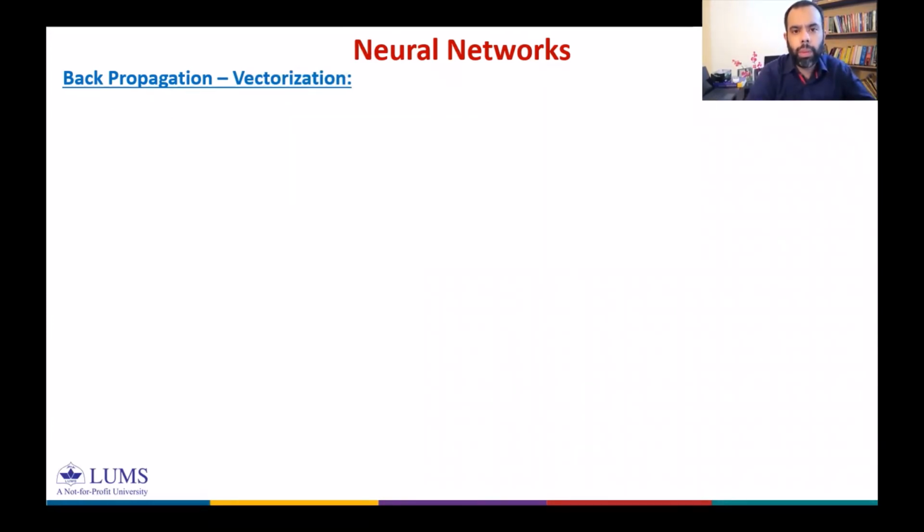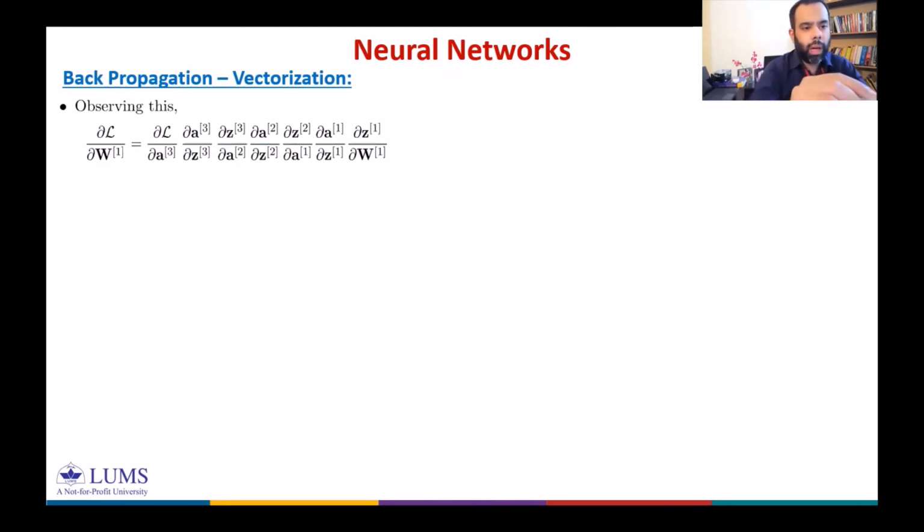In order to compute the partial derivative of the loss function with respect to the pre-activation output of every layer, say for small l, the lth layer, we first observe that I can write the partial derivative of the loss function with respect to W1 in this form. In fact, we formulated this earlier. In this equation, I'm traversing from the output layer towards weight one.